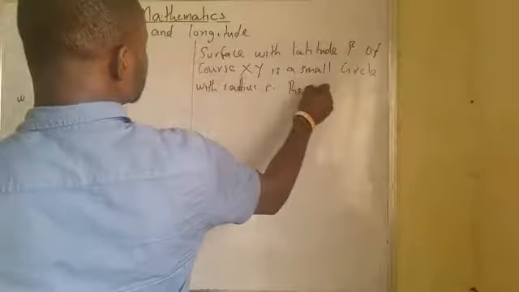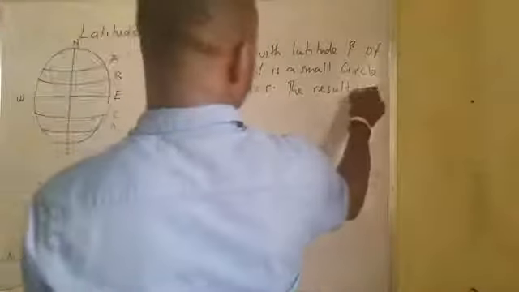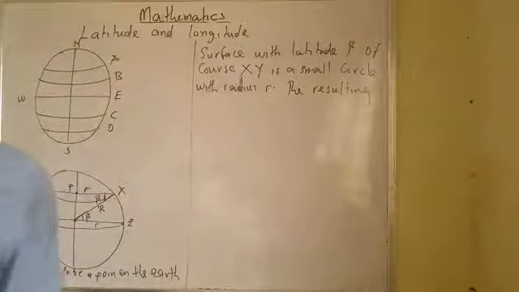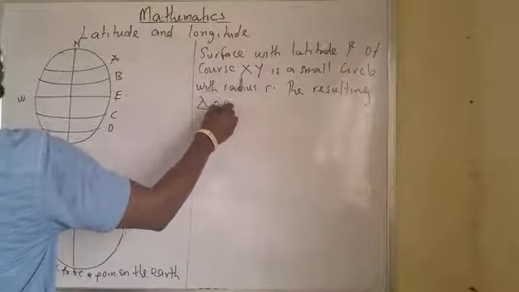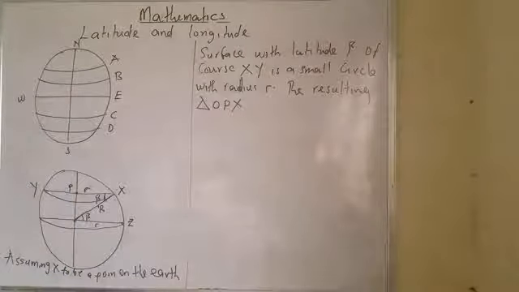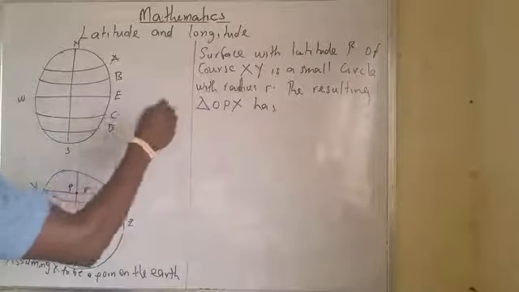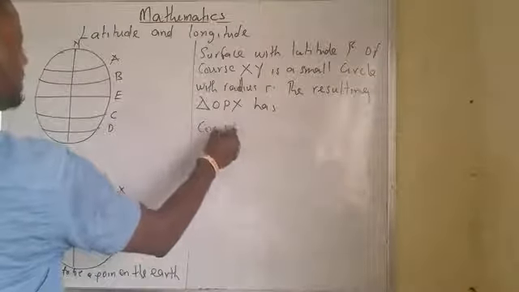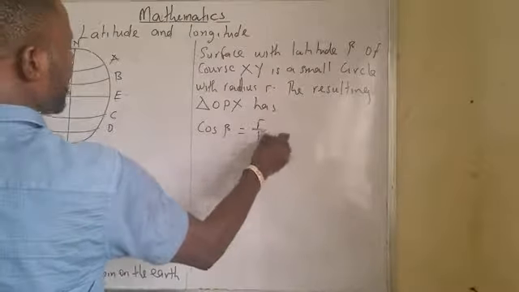The resulting triangle OBX gives cos beta equals r all over big R.